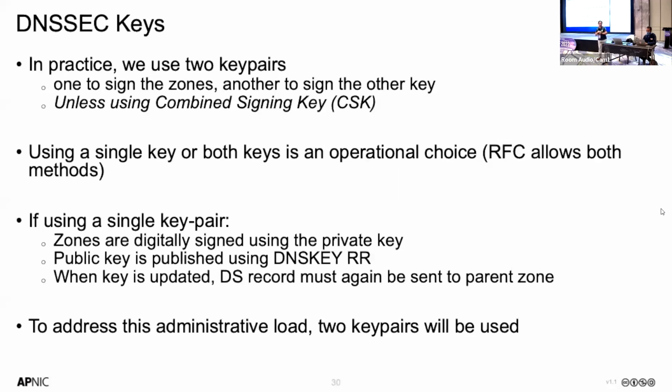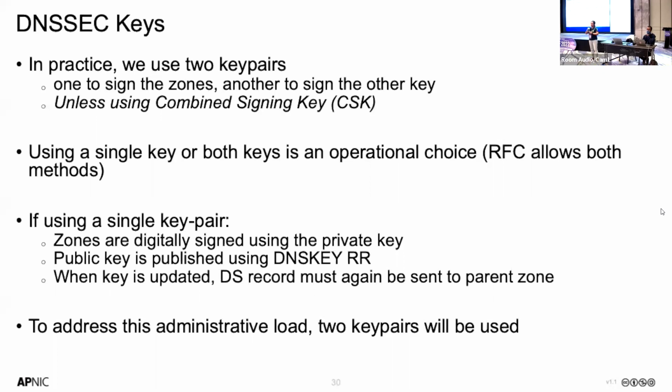Why is that? If you remember the parent-child zone setup, whenever you generate new keys, you sign your records, and you have new DS records, you will always have to go back to the parent zone, which is an administrative burden. Think of some of the biggest TLDs, .com, .net. Remember how many records they have? Millions of records.